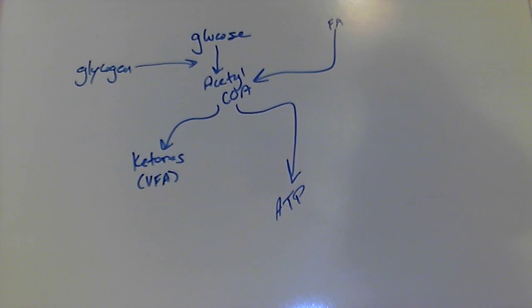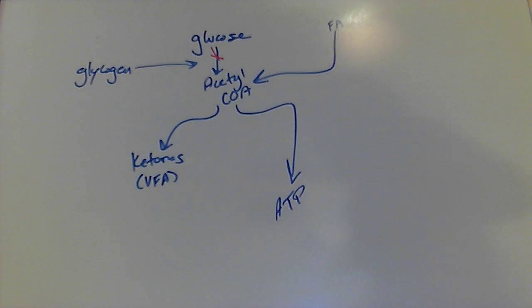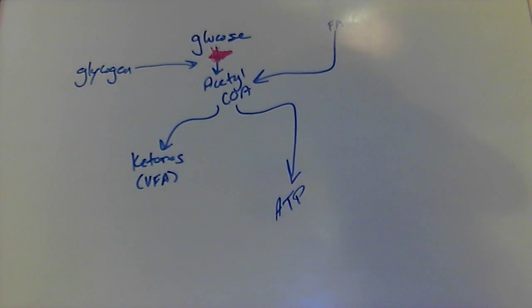So let's say that the body is not getting enough glucose, okay, so this pathway is for some reason shut off or decreased. This link just doesn't exist anymore, and there's a blockage. It's like if you get a blockage in the drain, nothing's going through, okay?